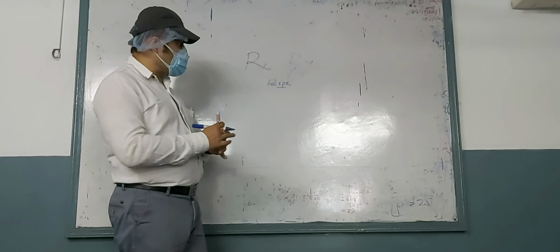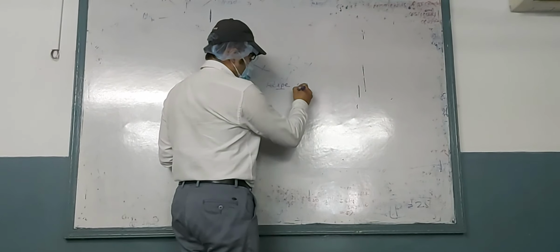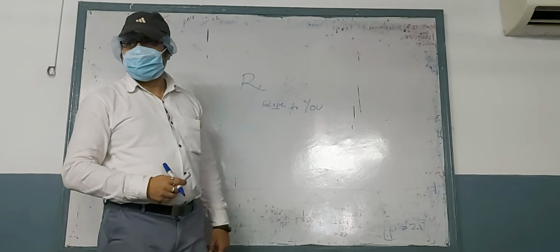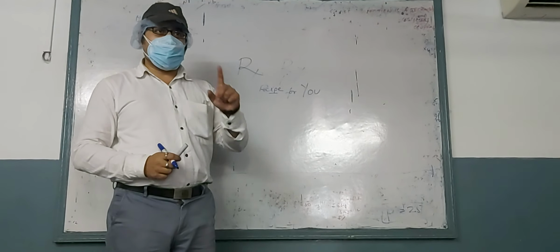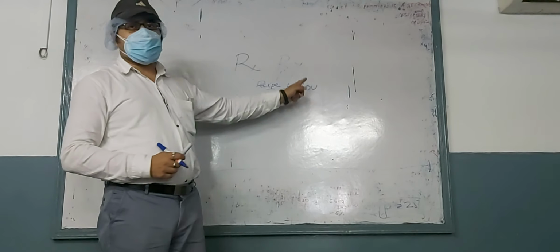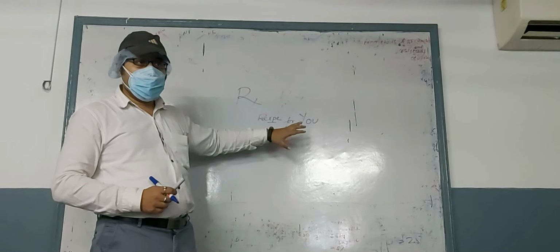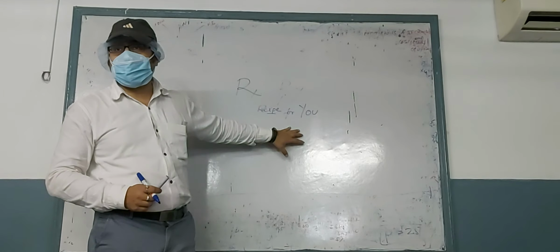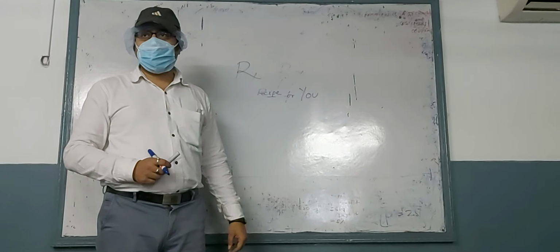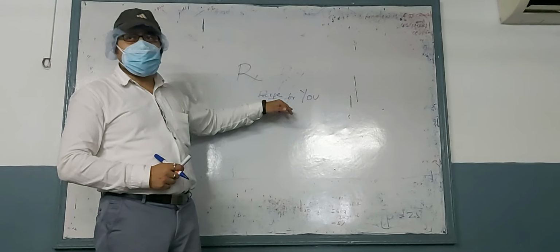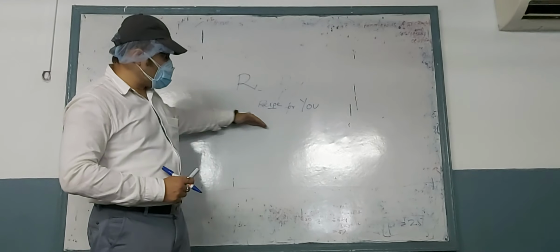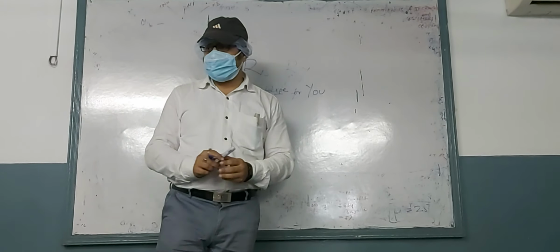So the symbol basically means recipe for you. Understood, everybody? Yes, sir. The universal practice all over the world is to start writing a prescription with this symbol. And the meaning of this symbol is recipe for you. I think this is clear.